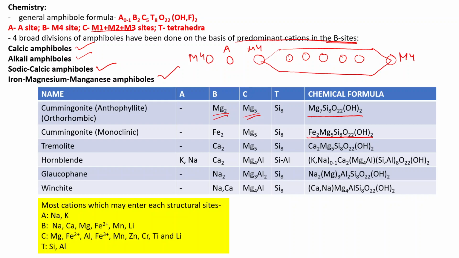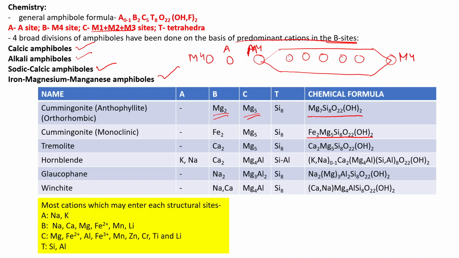So tremolite now has calcium in the M4. Calcium in the M4. So two M4 sites, we have two calciums, and then the other formula remains the same as the previous one. Now if we come to hornblende, the interesting thing that adds over here is that now we have either potassium or sodium ions in the A site, then two calciums in the M4.